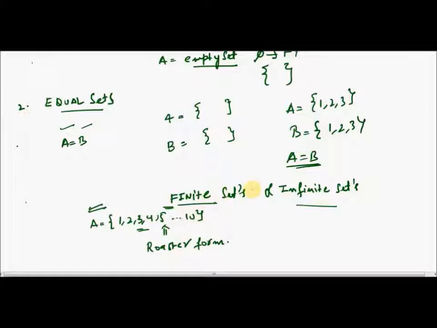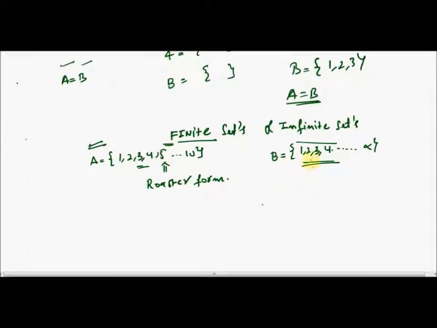Right? While what is an infinite set? Again, as the name suggests, an infinite set is a set which contains an infinite number of elements. And the example would go as 1, 2, 3, 4 up to infinity. Right? Since you can't count the number of elements in here, we say it is an infinite set. It is convenient for us to represent an infinite set in set builder form.